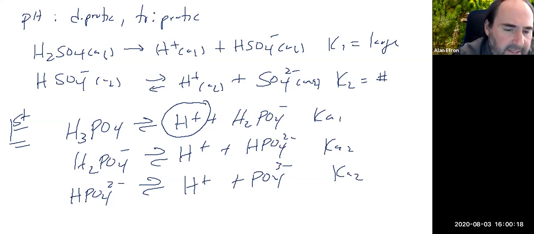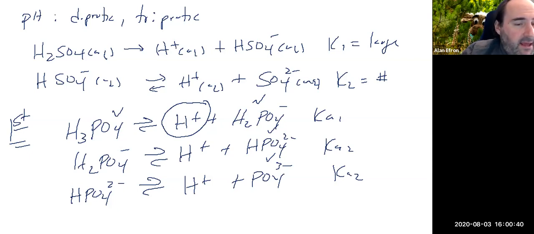And in the problem that we did, we were interested in everybody's concentration, like all these species, if I remember, which is why we had to take it through each of the steps. But the take-home message would be, if you had a simple question where it just wanted you to calculate the H+ or the pH, you probably in most cases could safely do it based off of the very first H+ that would come off.